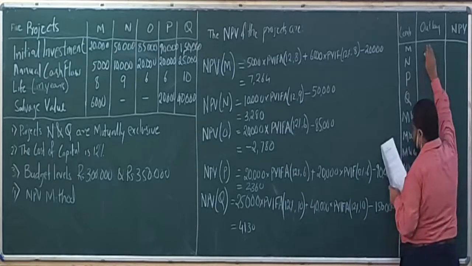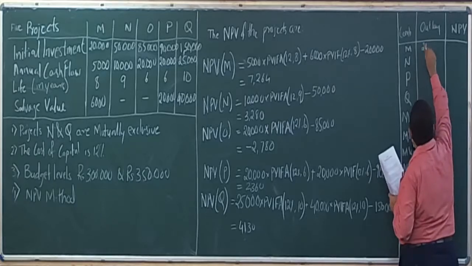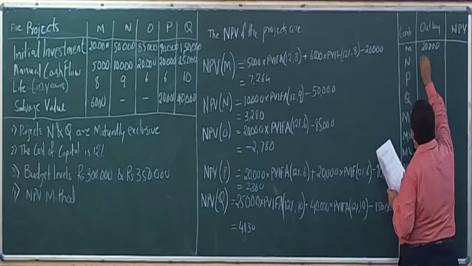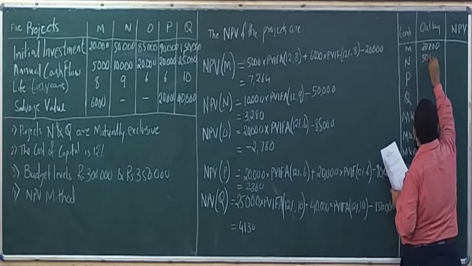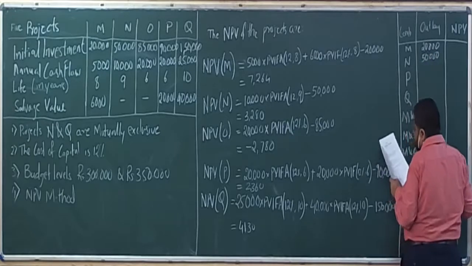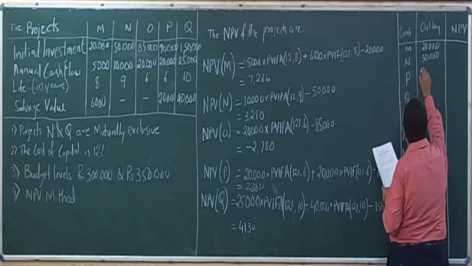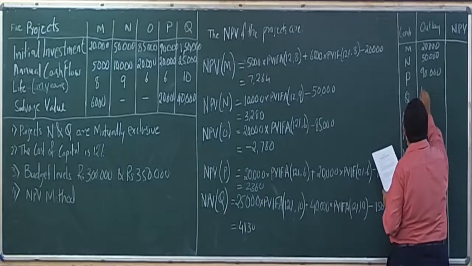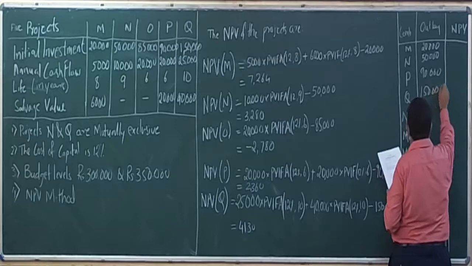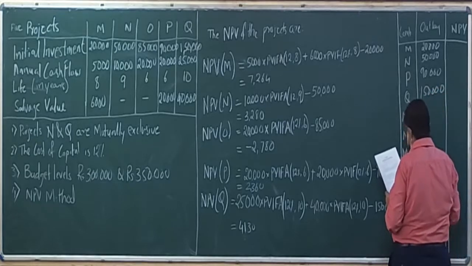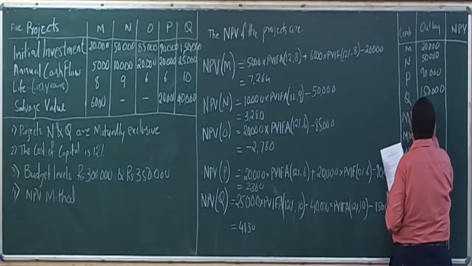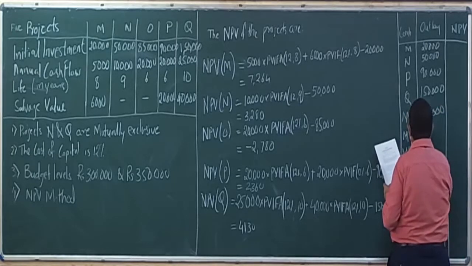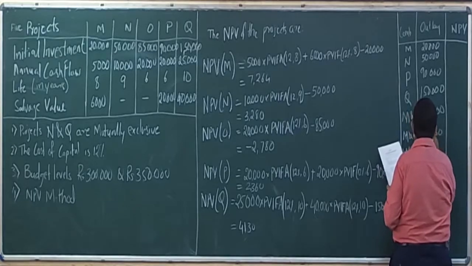So M, the outlay will be 20,000. Next, N's outlay is 50,000. P's outlay is 90,000. Q's outlay is 1,50,000. M and N outlay is 70,000. M and P outlay is 1,10,000.